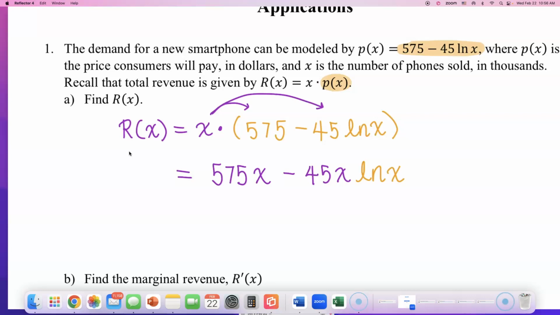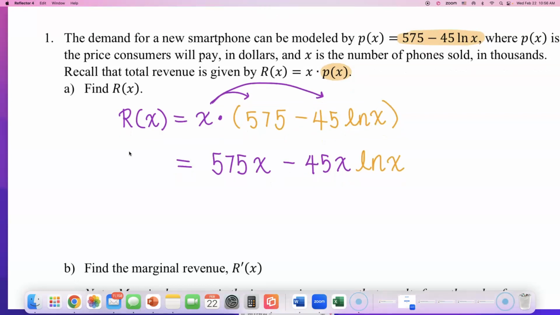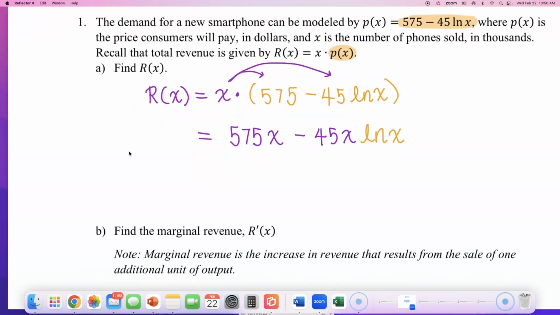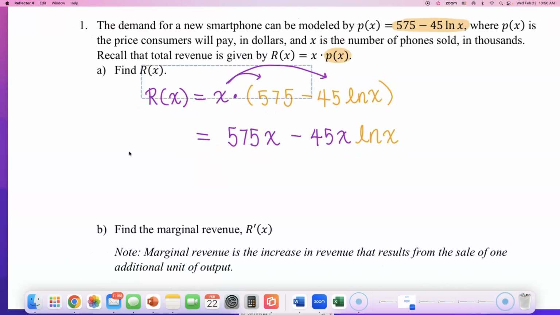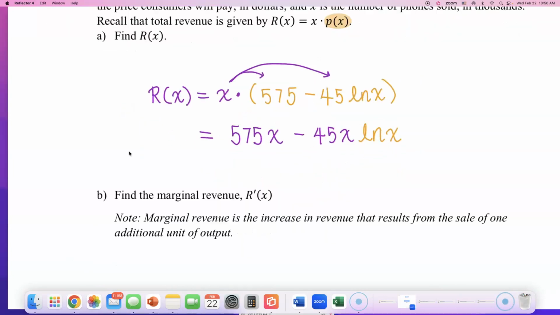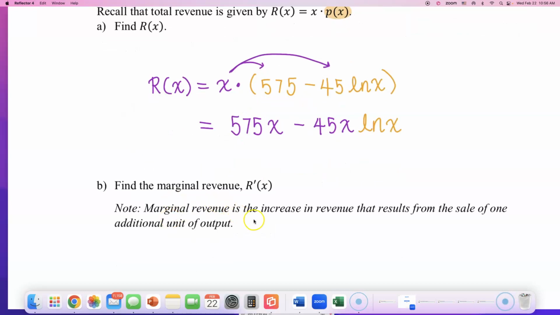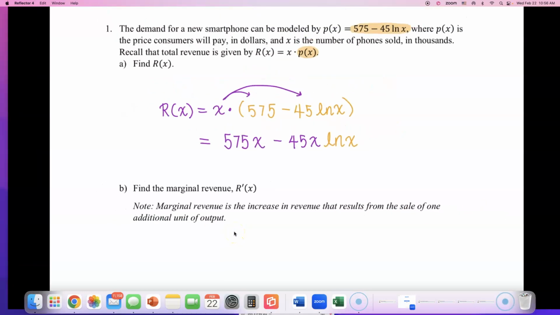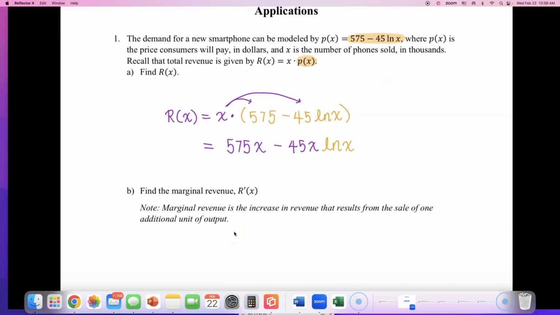We're going to take the derivative of this function to find the marginal revenue function. Okay, so that's part B. But look, it says marginal revenue is the increase in revenue that results from the sale of one additional unit of output. So we're talking about phones.